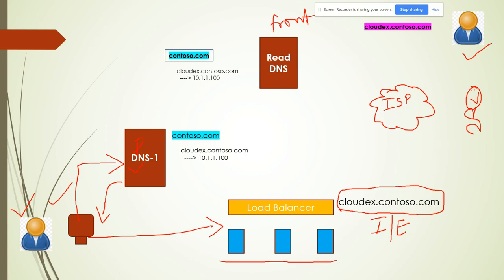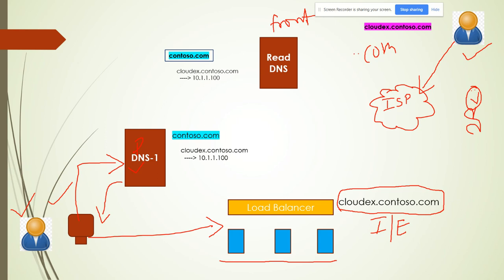So I'll create a read-only DNS server and register my read-only DNS server name into the ISP or the public DNS server. Once the client sends a request, it comes to its own ISP DNS server or its preferred DNS server, then the query goes from the root to the .com.